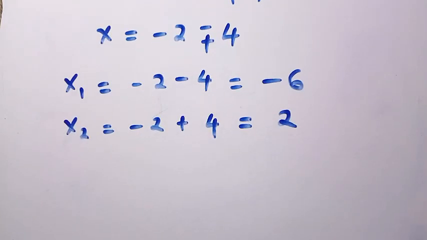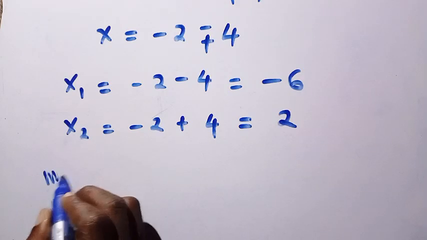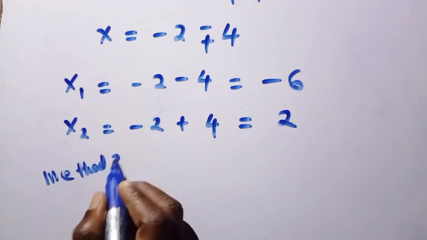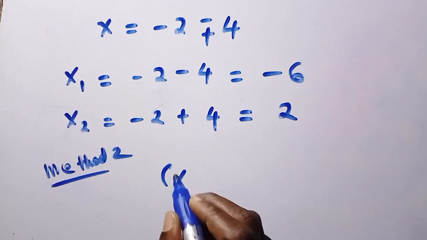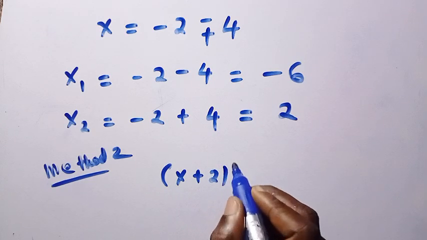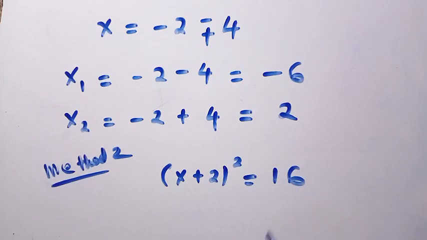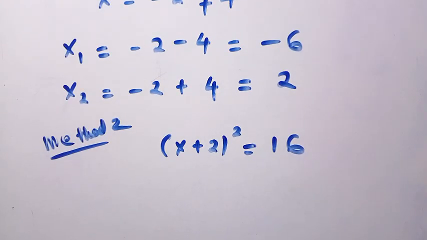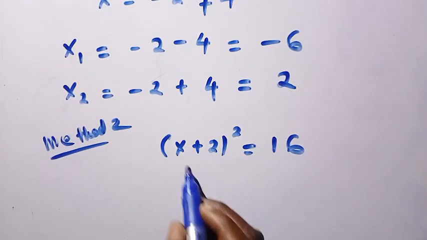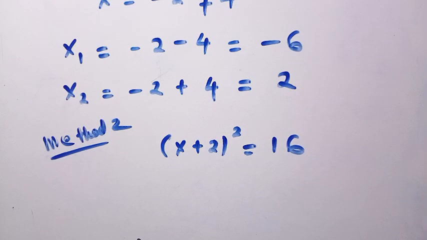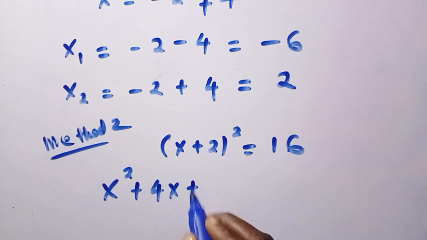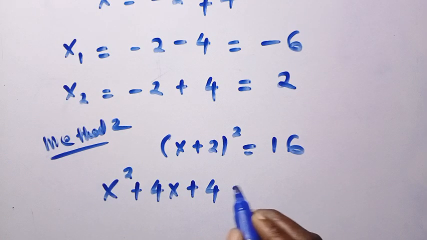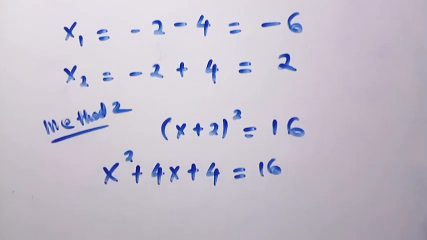Again, I will solve this in another method, which I call method 2. We have the same question, (x + 2)^2 = 16. Suppose I expand (x + 2)^2. We have this as x^2 + 4x + 4 = 16.